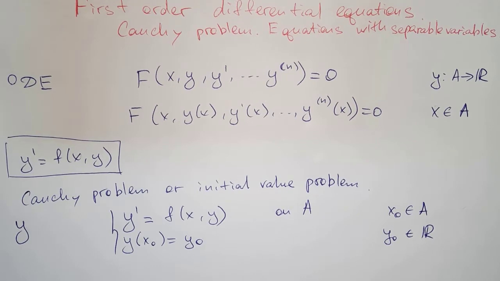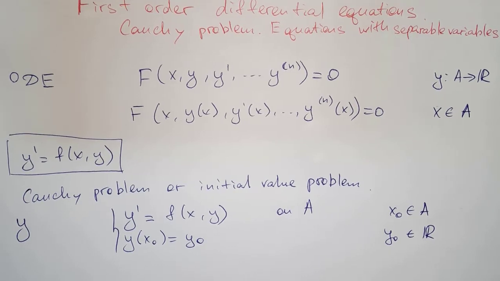This system we call the Cauchy problem or initial value problem. You can see we have the given values: when x is x0, y is y0. And here we have a first order differential equation.